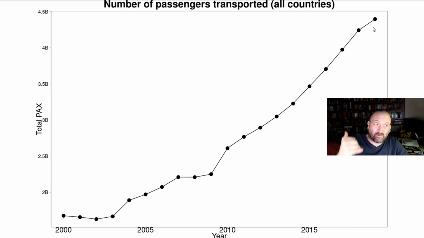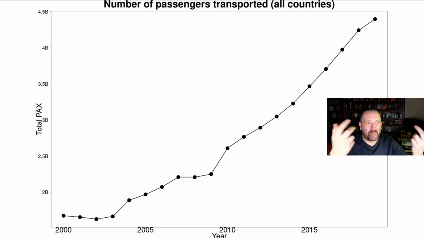Of course, there is a collapse of the number that you can see in 2020 and 2021, but it's not shown on this graph. So this is the number of passengers transported by airplane, and you can see that this has increased a lot. So you can go quickly very far.